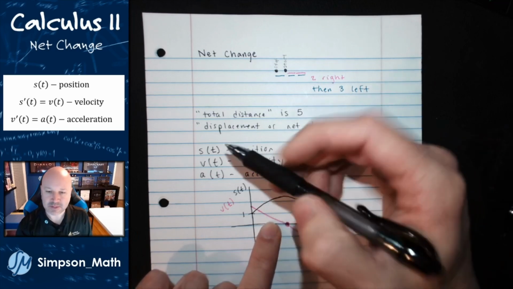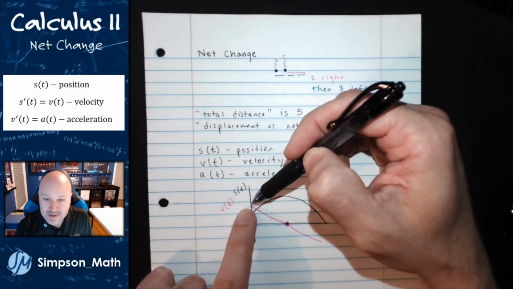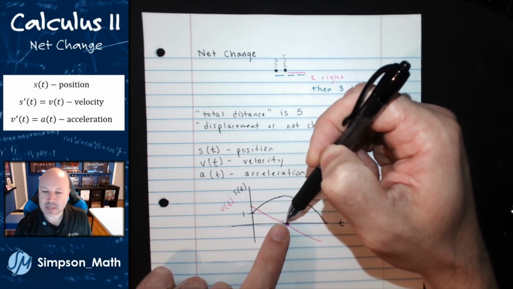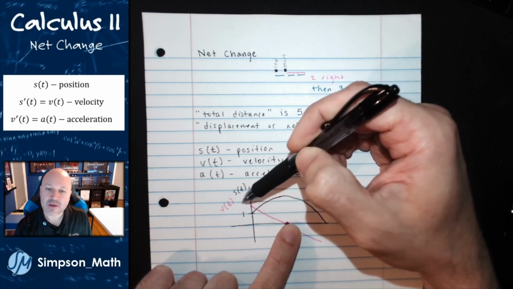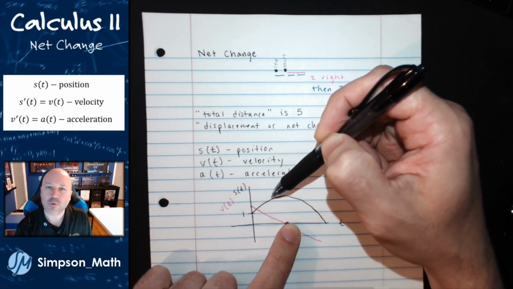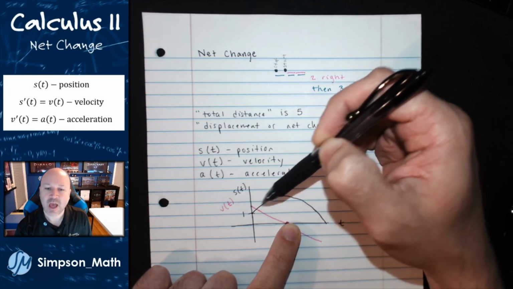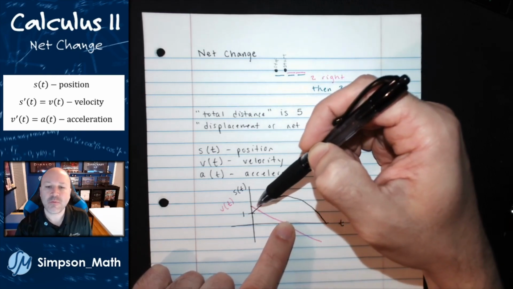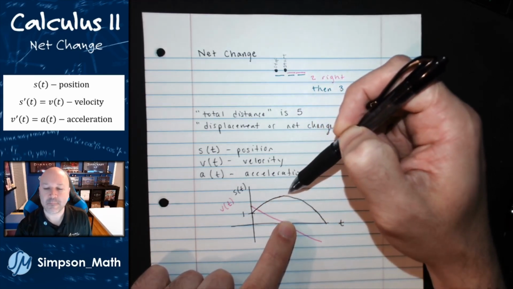So let's think about that for a little bit. When the velocity function is positive, the object is moving in this forward or positive direction. That was, I threw the ball up into the air.